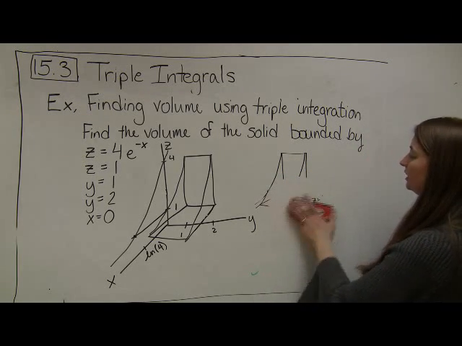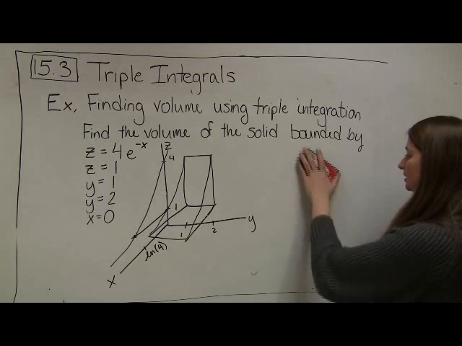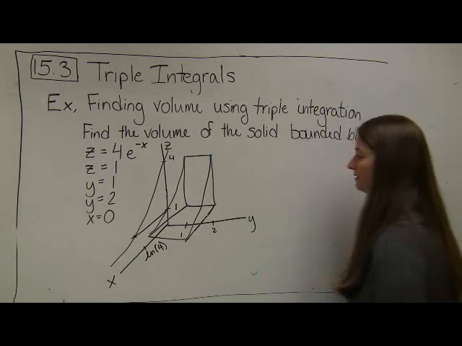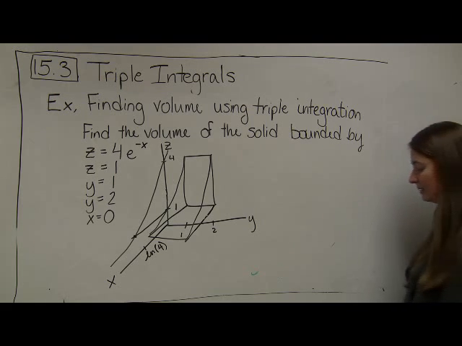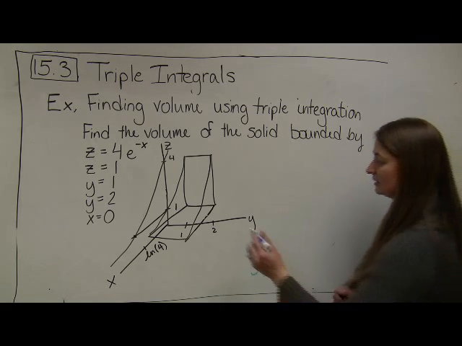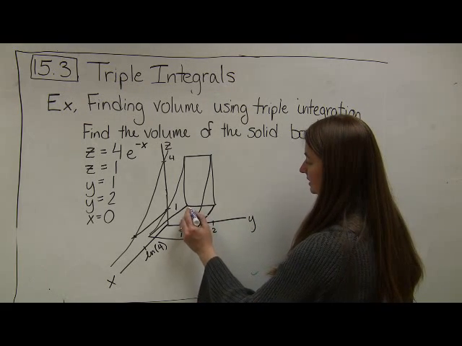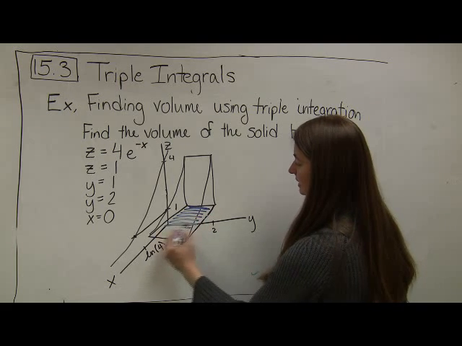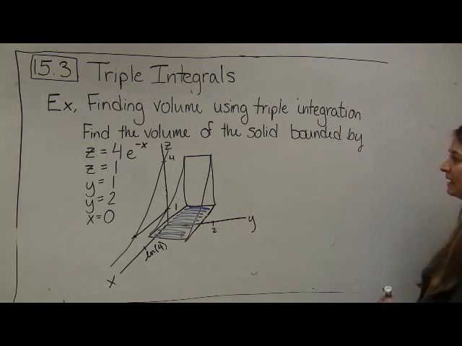We're going to use triple integration. The first step is the same as the steps that we saw before. I'm first going to decide on a base and find the bounds on the base. In this case, I think the easiest base is the thing that looks like the bottom of the skateboard.